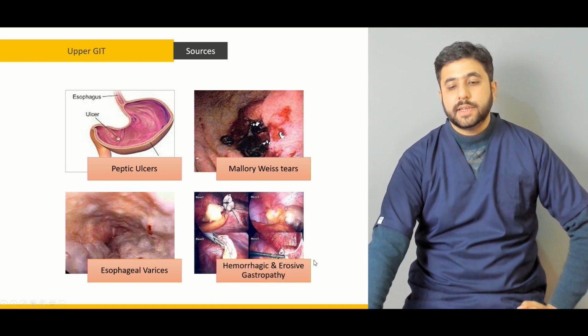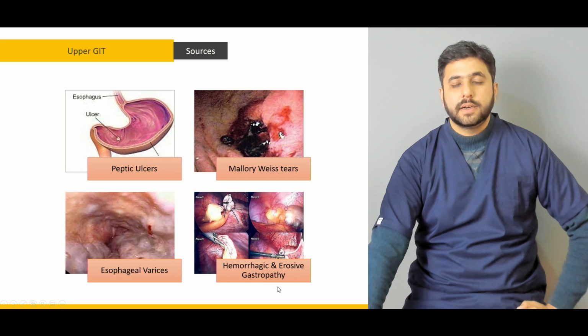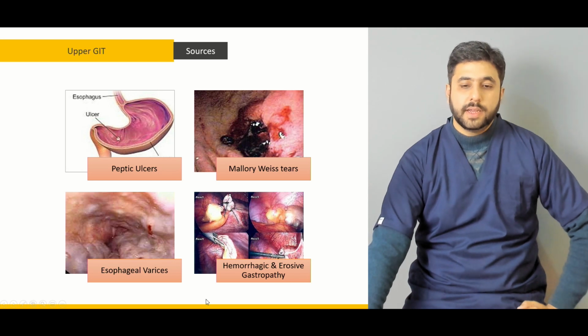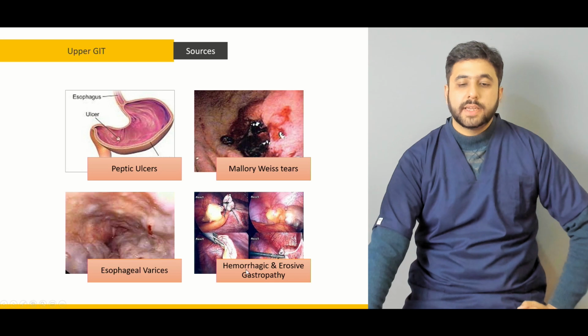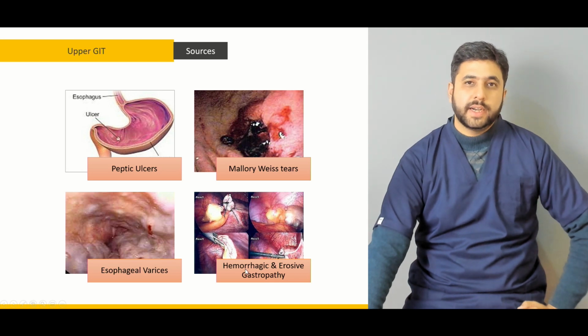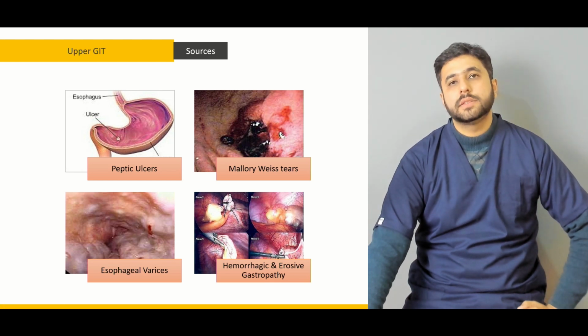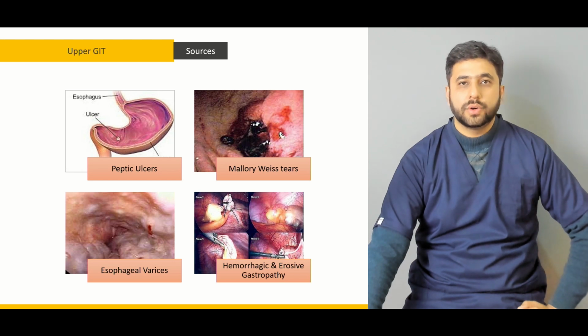Similarly, hemorrhagic and erosive gastropathy, or in other words, gastritis. This is basically an inflammation of the mucosa, inflammation of the gastric cavity, specifically the stomach. The major causes here are, again, non-steroidal anti-inflammatory drugs, or someone who is an alcoholic, or someone who has hyperacidity.